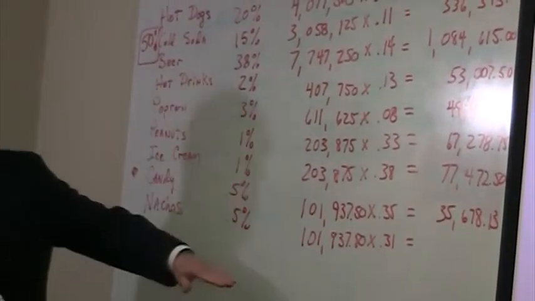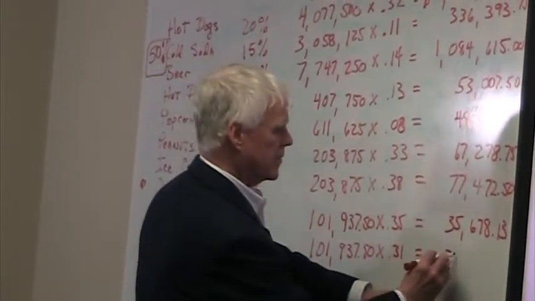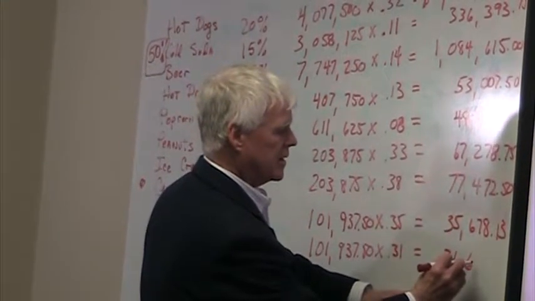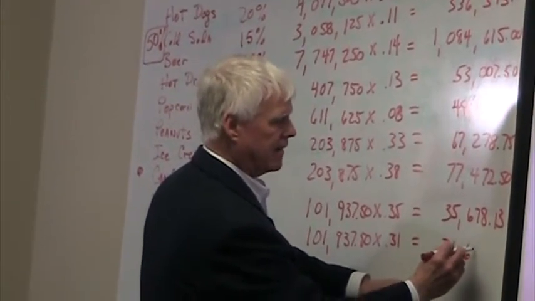All right, so what is this number? $31,600.63. $600, even?